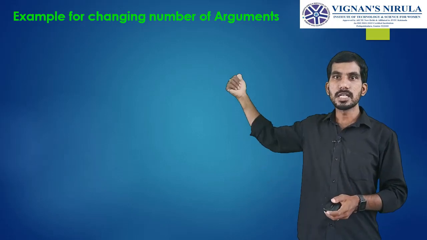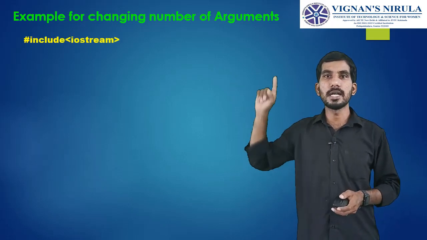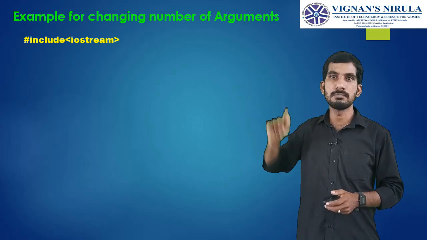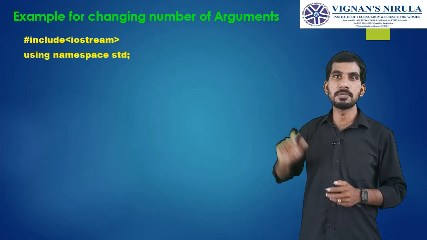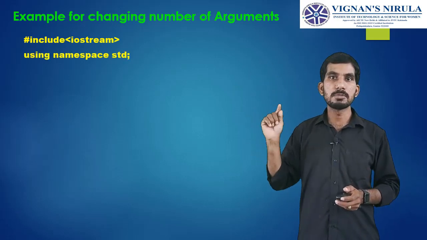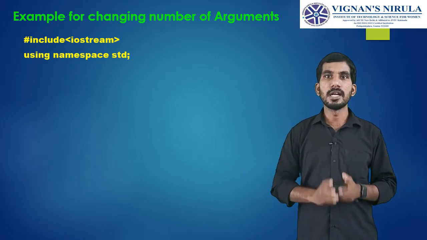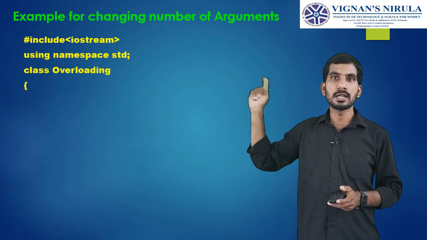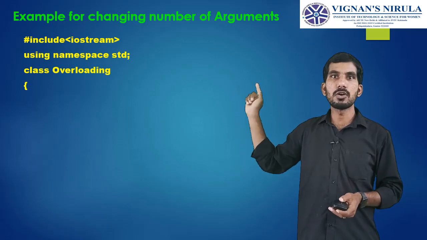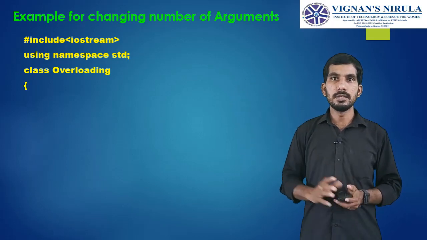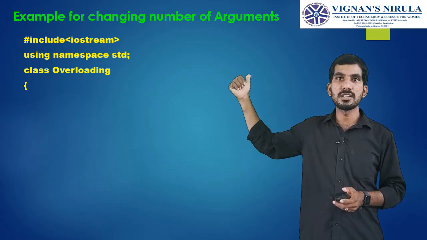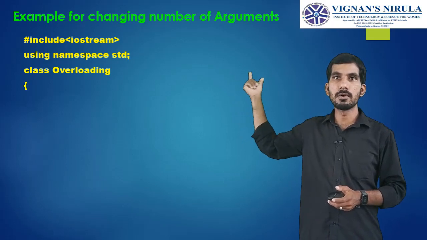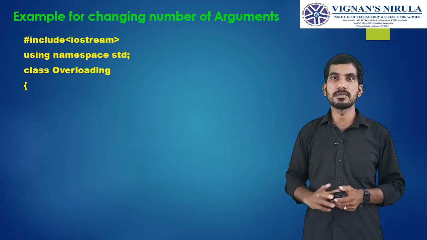In the example, first we define the header file, that is iostream. Then we use the namespace, using namespace std, and after that we define the class followed by the class name. In this example, the class name is overload.